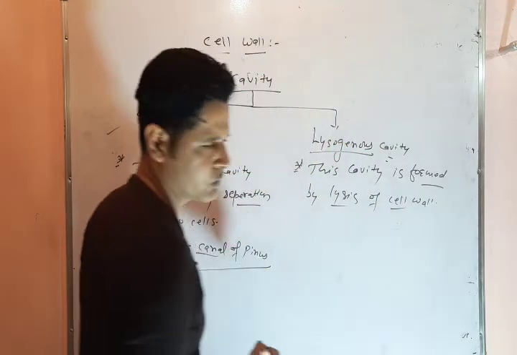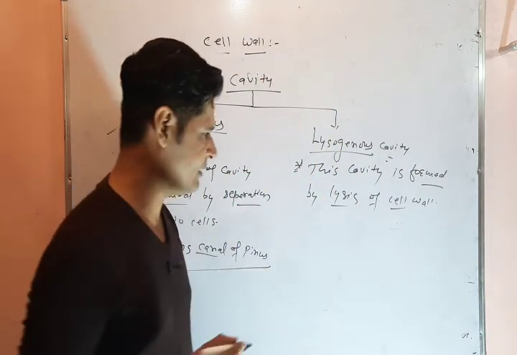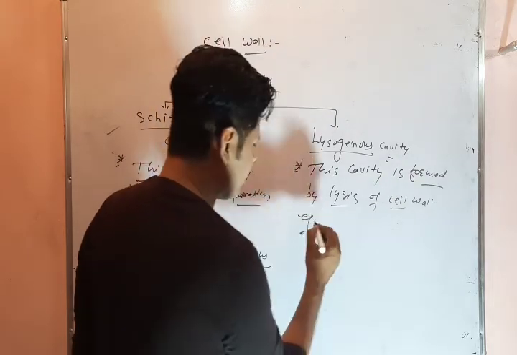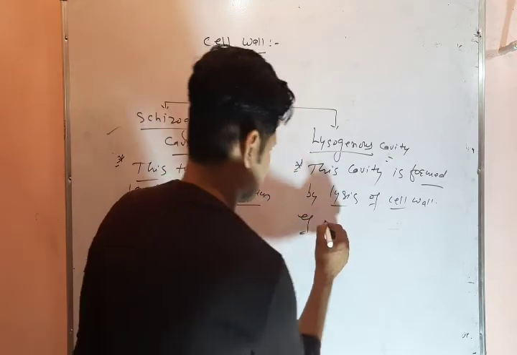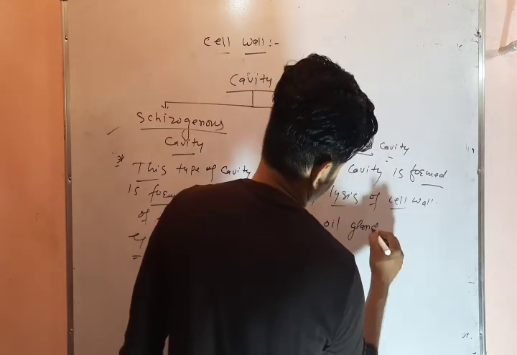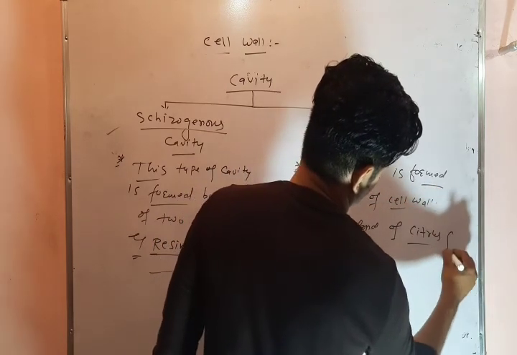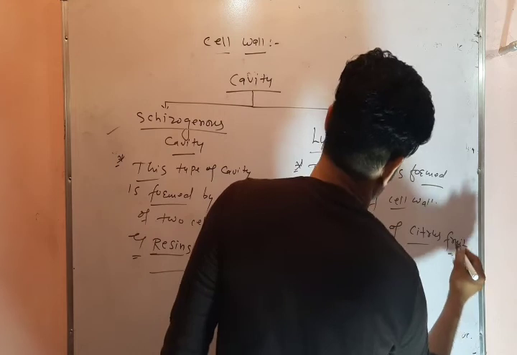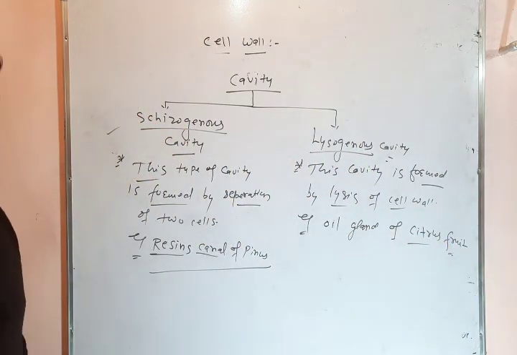Okay, I think you got it. What is the example of a lysogenous cavity? The example is the oil gland of citrus fruit. The oil gland of citrus fruit is the example of a lysogenous cavity.